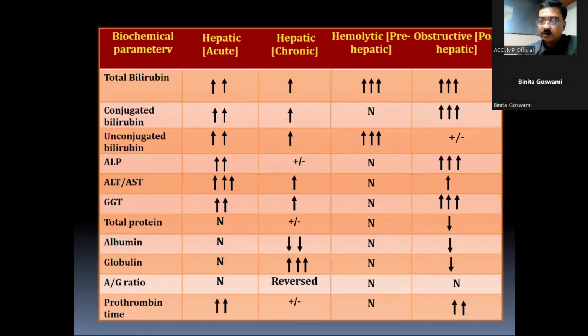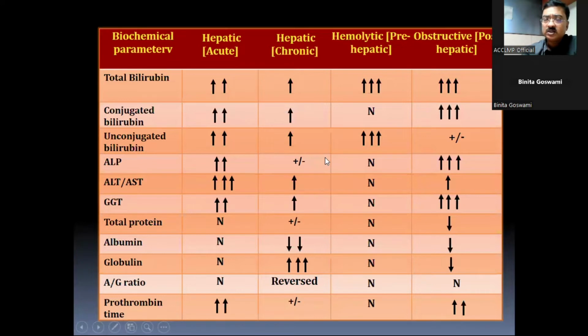Now with time the process goes on, and the liver stops functioning, so gradually we'll get more unconjugated bilirubin. But in the initial period, you may get very high ALT, AST, not very high alkaline phosphatase, almost normal GGT, and most importantly, total protein, albumin, globulin, and ratios are totally normal.